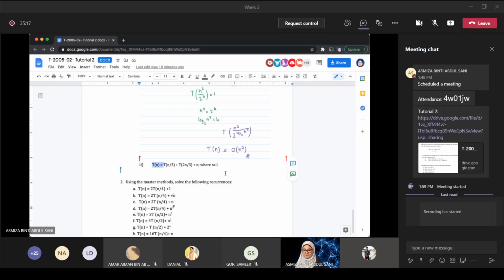The base case is T(1) equals 1, we can assume that. Anybody wants to share the tree? Before that, how do you think this tree is going to look like?